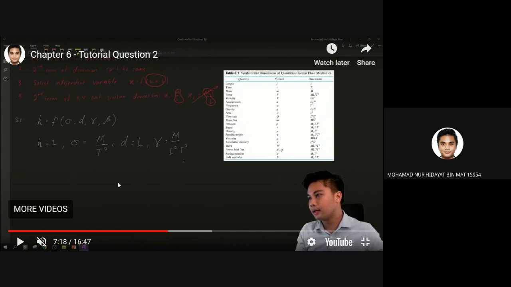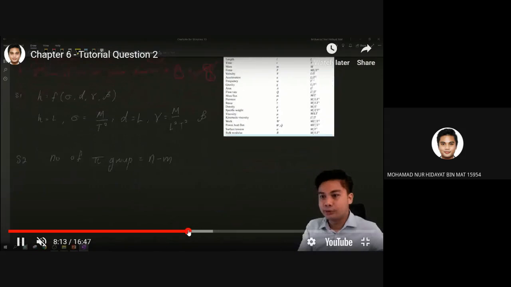It can save a lot of your time. And D here with this. After step number one, step number two, we need to find the number of pi. Remember, we have pi 1, pi 2, pi 3.